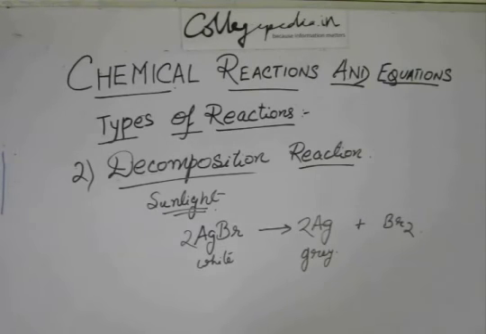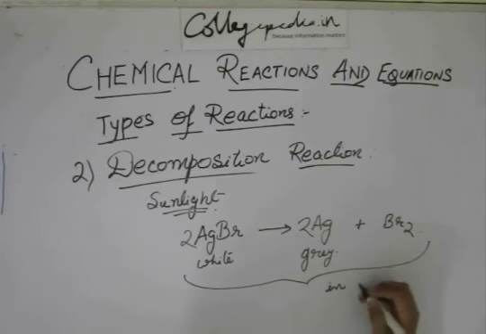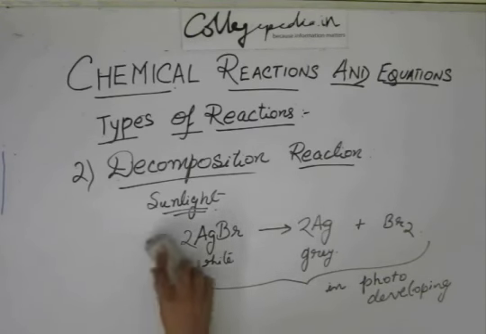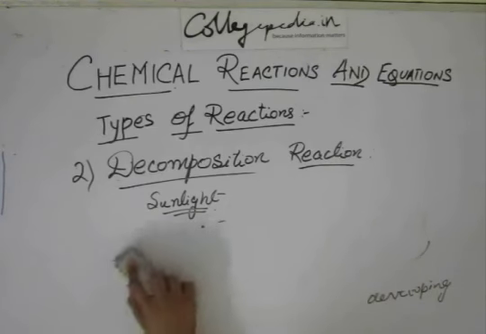And an interesting thing is that this reaction and the chlorine reaction both are used in photo development, in developing photos. So this is a very important reaction because it's used in developing your photographs.